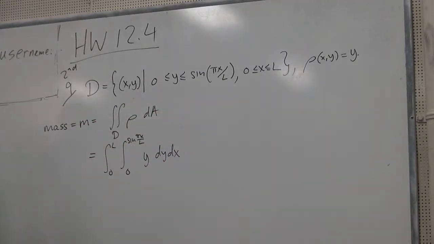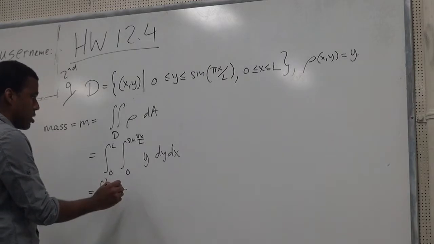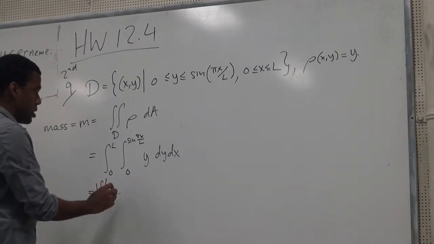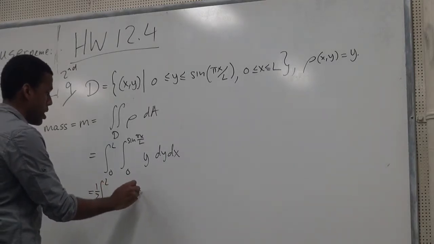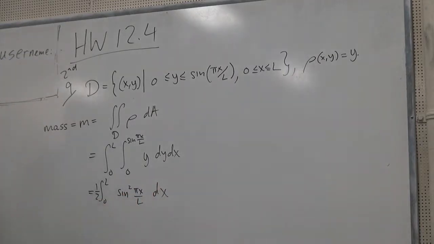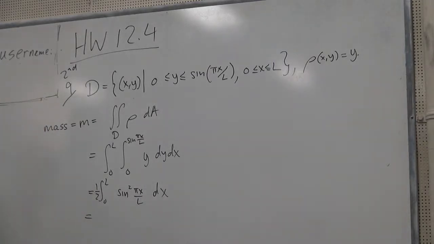And so that's how you set it up. This is going to be just y squared over 2, and you're going to plug in sine squared of pi x over L. Then, how do you integrate the sine squared?